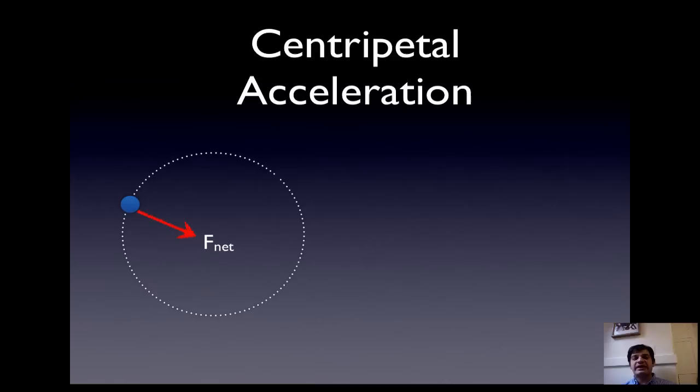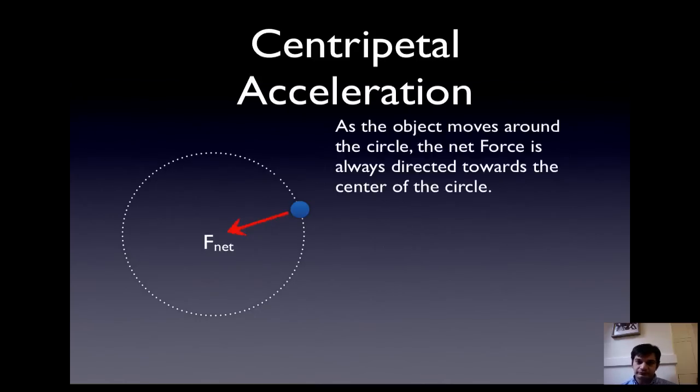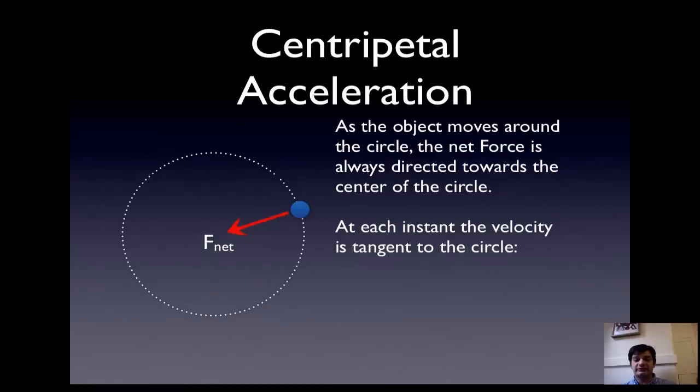As it travels, you'll see the net force change direction as the object moves, so that force always pulls it to the center. As the object moves around the circle, the net force is always directed towards the center of the circle. It's a really important point for the net force that produces centripetal acceleration.